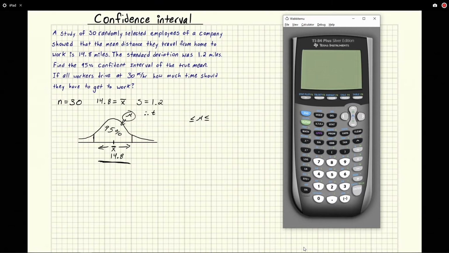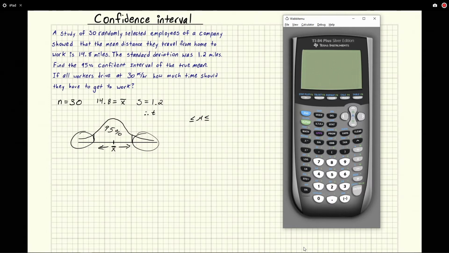Because we didn't ask all 700 employees, or however many employees there are, we only asked 30. There's going to be this realm that we're not quite so sure about. The true mean could be over there, but we are 95% sure that it's not. Those regions are right here. It could be these really high and low values, but it seems very unlikely that the true mean will actually be over there.